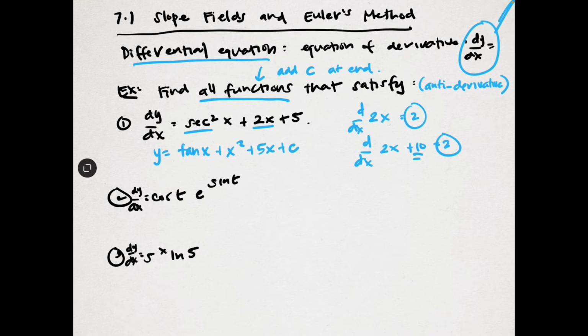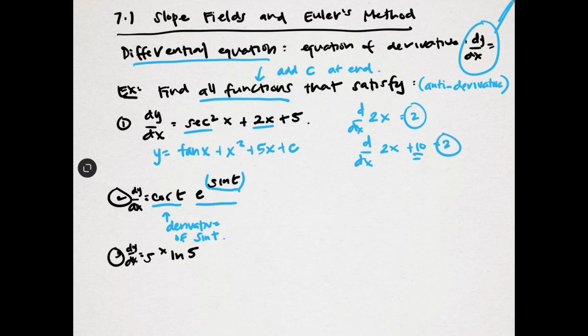The second one is a little bit difficult, and it gets into the chain rule stuff, which we'll cover later on in this chapter. But notice that we have e, and we have the sine as our exponent. So this would be like the inside function of e. Also notice that the cosine is the derivative of sine t.